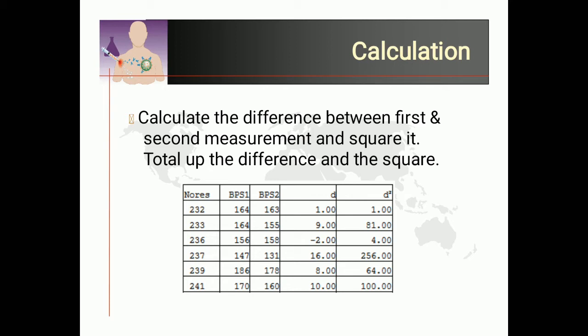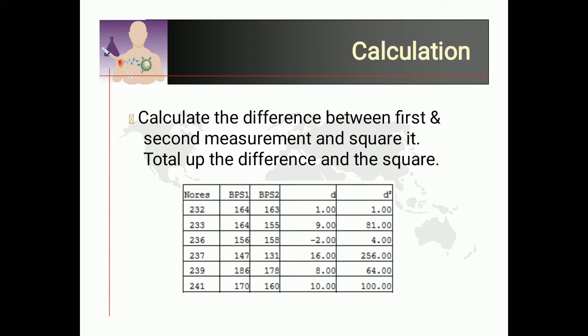D is 1.00, 9.00, minus 2.00, 16.00, and so on. You know how the D value is calculated: BPS1 minus BPS2.